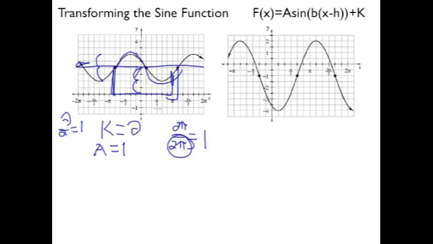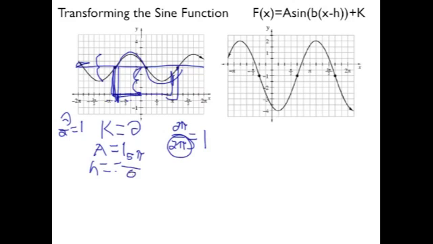Then to find the h, we need to see where it starts. So here, it's moved over from the 0 this much, and once calculating that each one of these is pi over 4, we would get 5 pi over 6, but it's moved this way. So that means h needs to be negative 5 pi over 6.